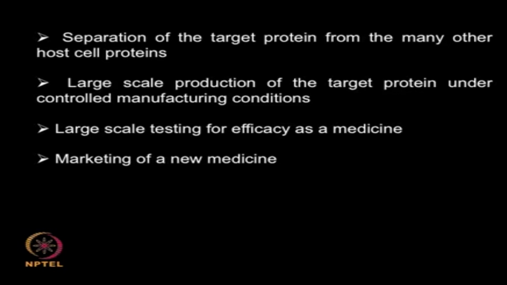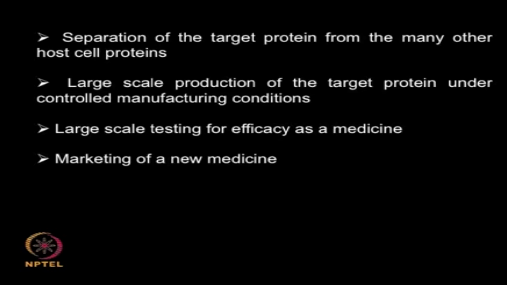Then I need to consider the separation of the target protein from several hundreds of proteins. Then I need to consider controlled manufacturing conditions. When I say controlled, we are talking about the ambient conditions, sterility, purity, and so on. And then I should be able to do a large scale testing for efficacy as a medicine, because you may make the protein in large scale, then you may have to test it in several patients or cases to see whether it works at that particular scale.